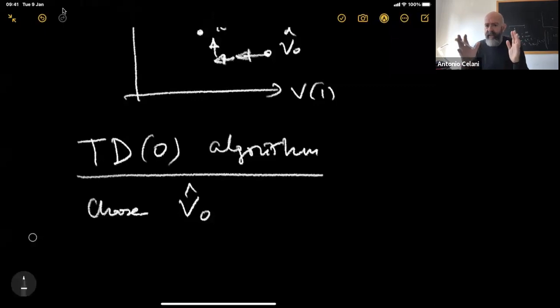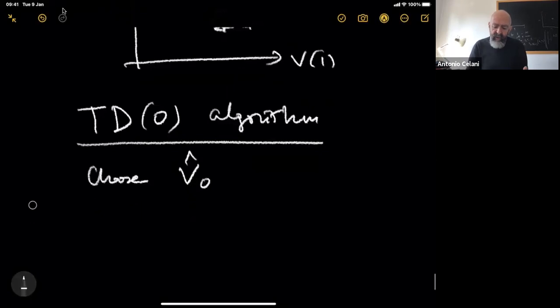Okay, this is not Bellman. Remember, it's a linear problem. Nevertheless, it is contracting because gamma is less than 1. So it's a safe problem from the viewpoint of finding stuff. So it doesn't matter where you start. If you start with a good guess, you get close faster to the solution. If you start with a bad guess, it will take longer. So choose this and then repeat the following steps.